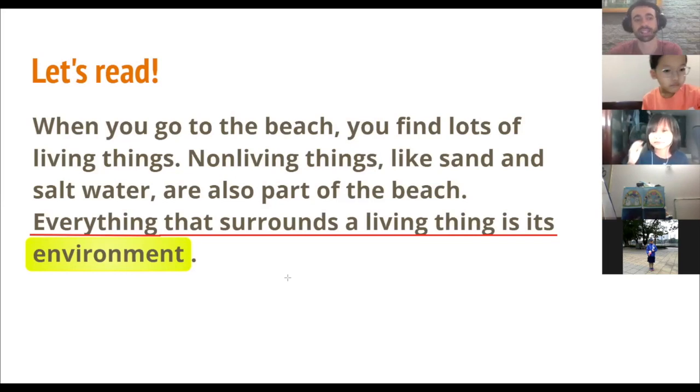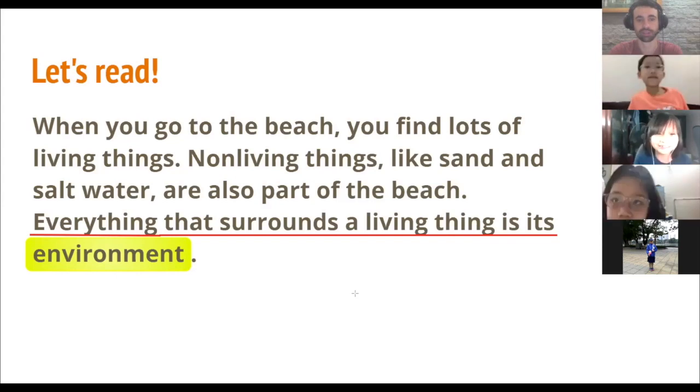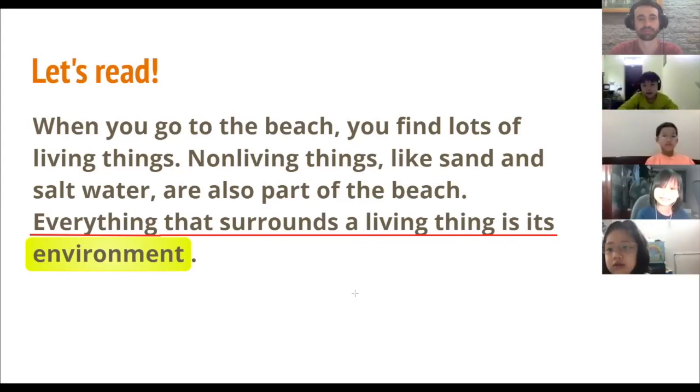As a class, this is one of your main vocab words, so let's all say the word environment. I'm gonna count down, you guys say it pretty loud. In 3, 2, 1, go. Environment, very good job.